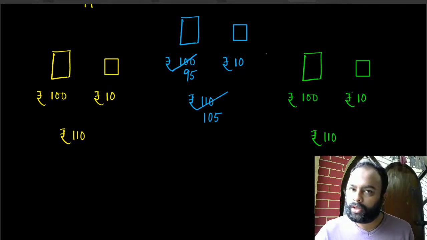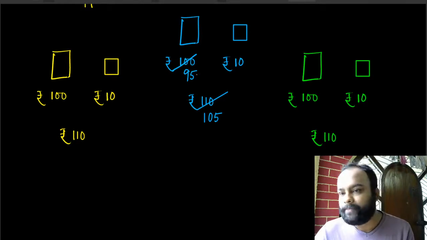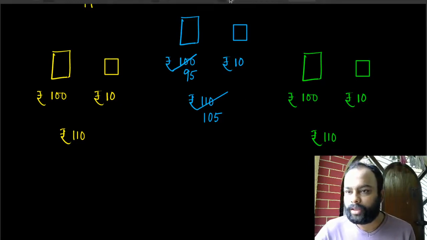So there are two shops from which you can buy both the items. One of them is giving you a discount of 5 rupees on the 100 rupees item, so you get that for 95, and the other will be 10 as usual, and the total will be 105. Now there is another shop which is not giving any discount on the item that costs 100 rupees.